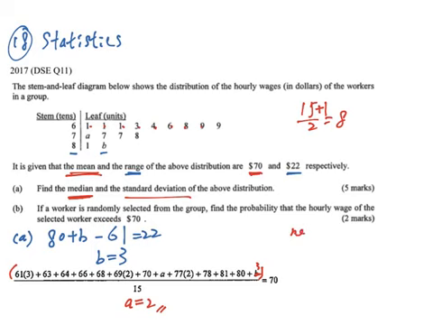So the median is equal to 69 dollars. And then for standard deviation, we use mode 4 and input all the data, and then press shift 2 to find the SD. So the answer is $7.33.